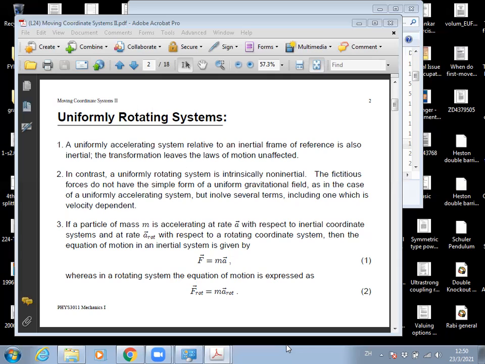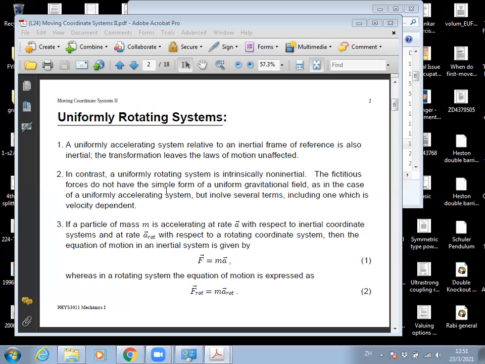However, a uniformly rotating system is totally different. It is intrinsically non-inertial, all right? We cannot transform away the acceleration like the uniformly accelerating system, all right? So we have to be careful when we are dealing with a uniformly rotating system. Now, the fictitious forces do not have the simple form. So we have to be careful in deriving the fictitious force.